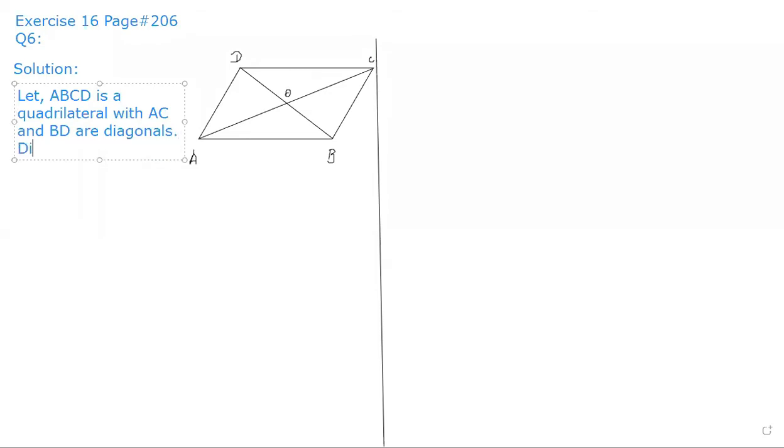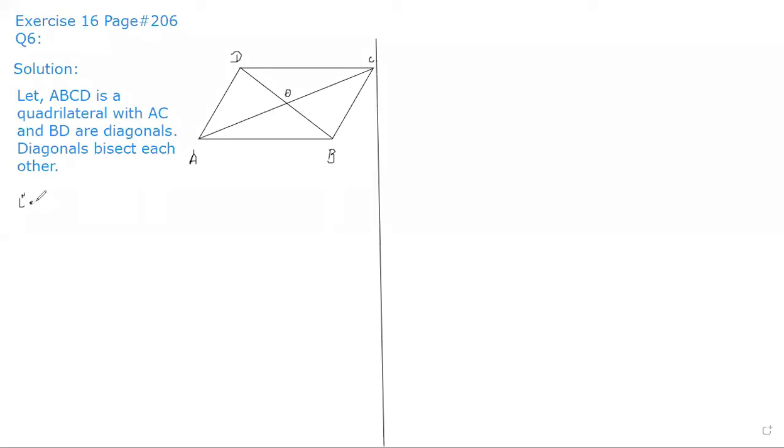And we know that diagonals bisect each other. So first we have considered ABCD, the quadrilateral with AC and BD as diagonals, and the diagonals bisect each other.